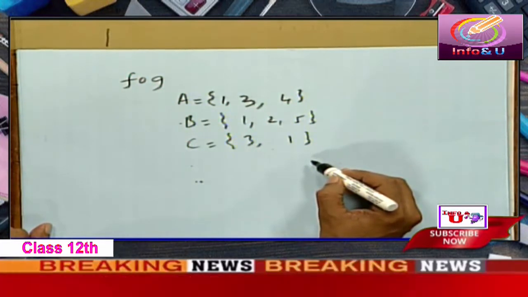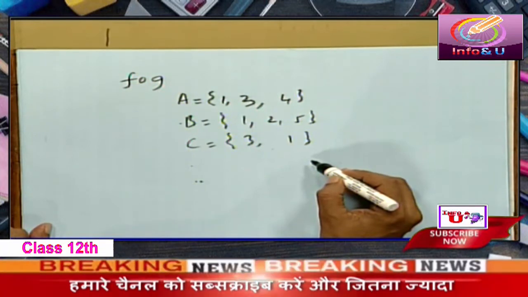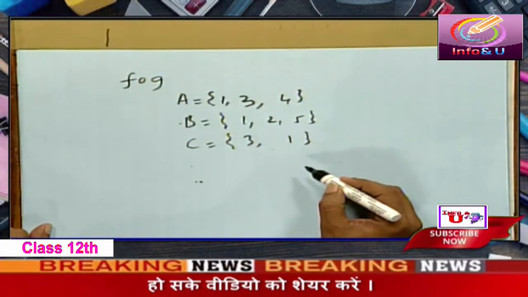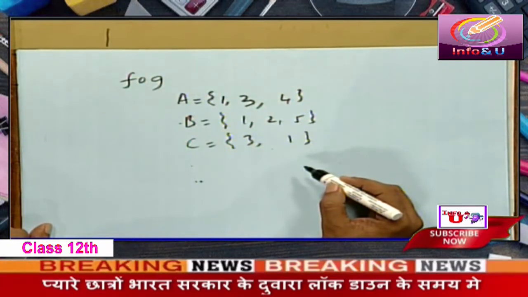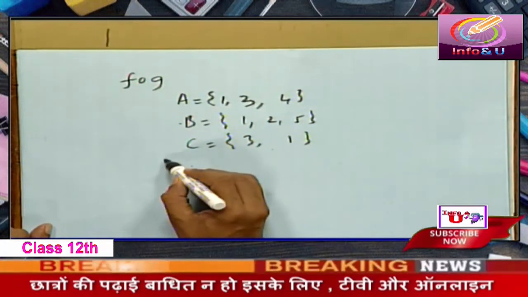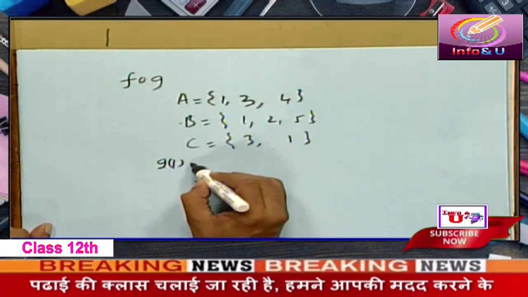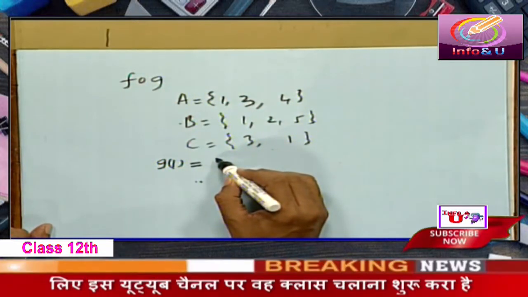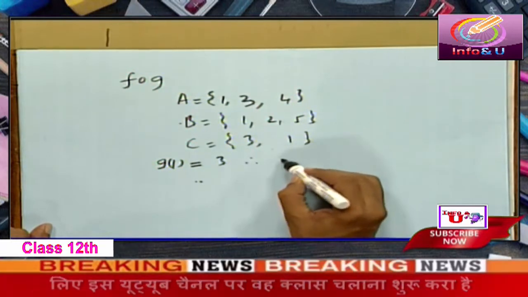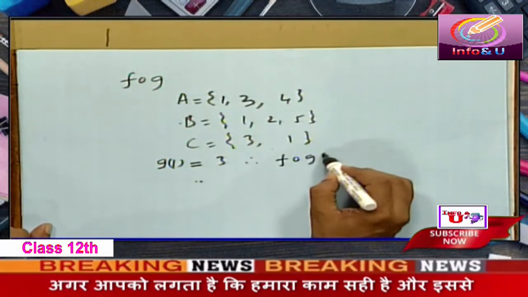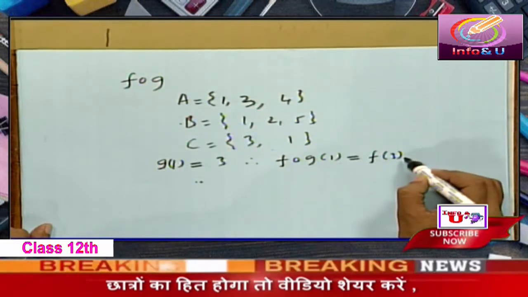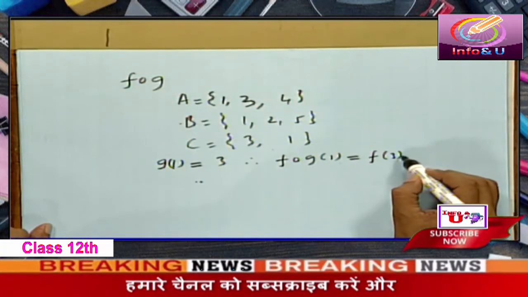Now to find FOG, first we find the image under G. So we take elements from B to C. So we have G of 1 is equal to 3, hence f of G of 1 is equal to f of 3 and f of 3 is 5.